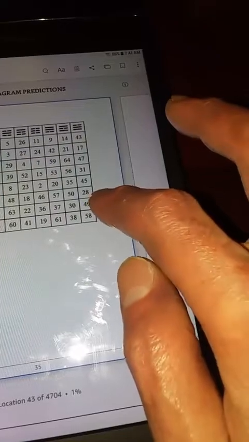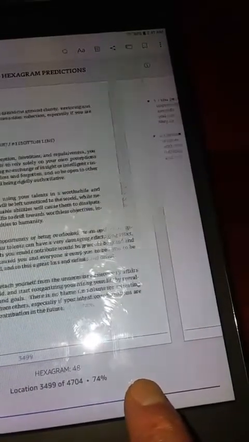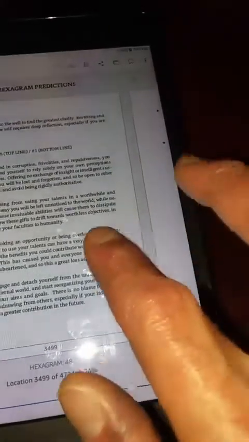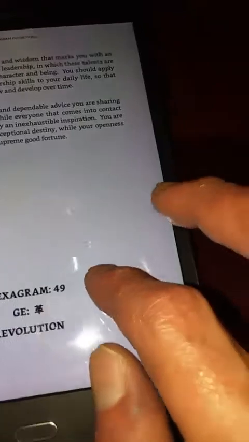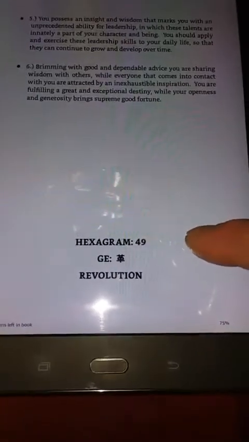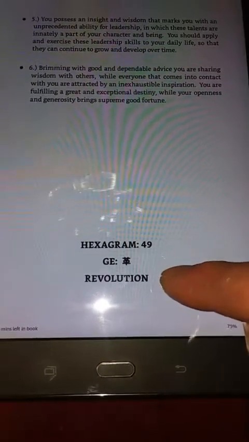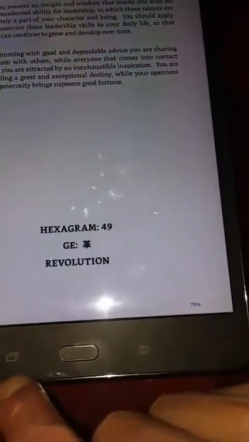Okay, it was 49, so it's number 49. Okay, 49. Hexagram 49 is Ge, and it's revolution.